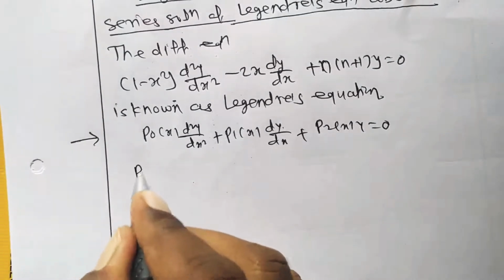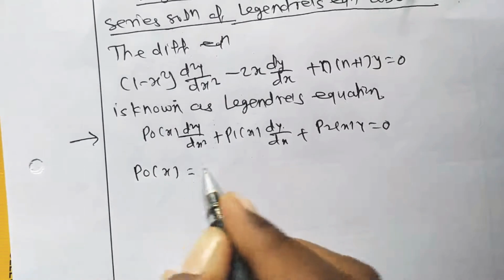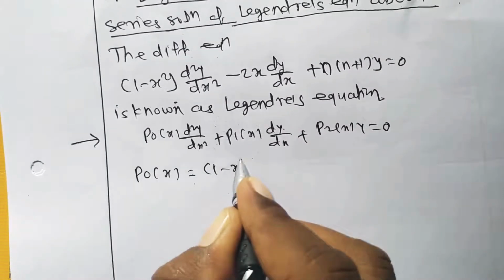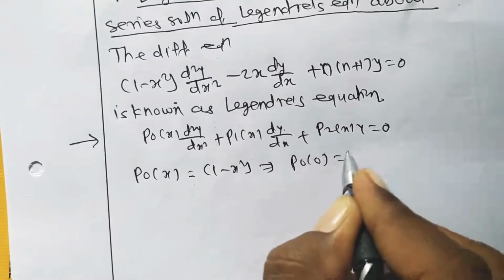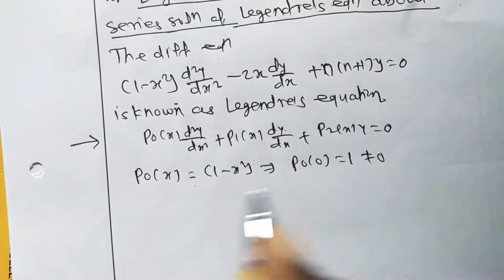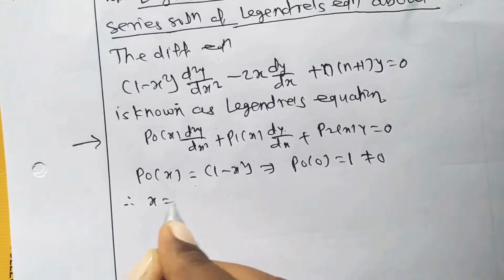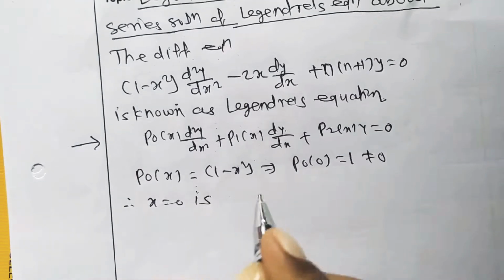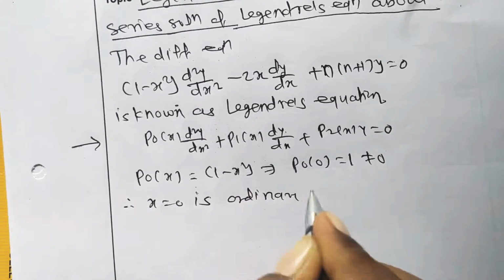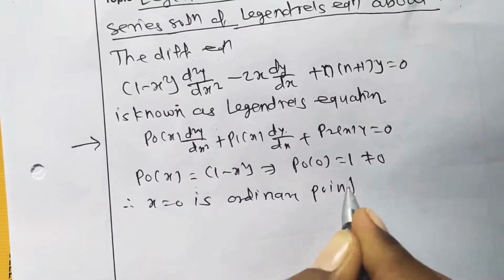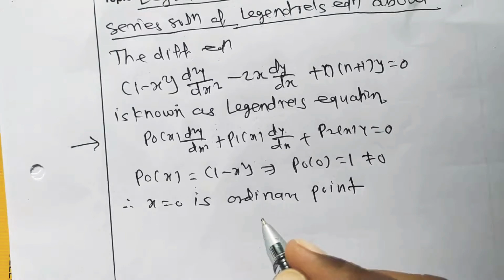So what is p0 of x here? Here p0 of x is 1 minus x square. So p0 of 0 is 1, which is not equal to 0, and therefore x equal to 0 is an ordinary point.